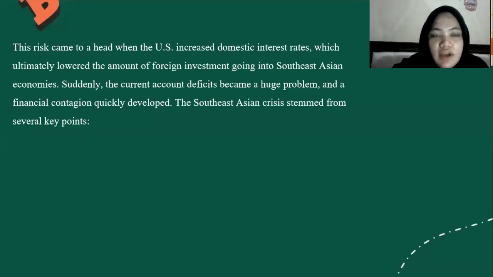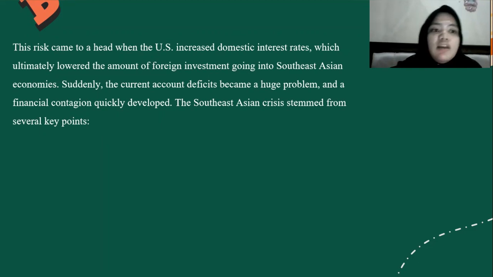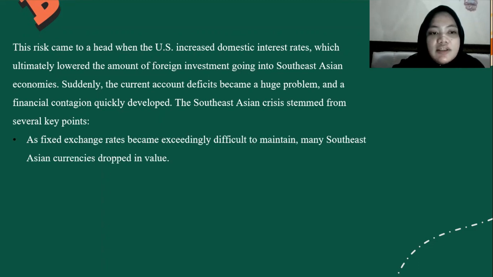The risk came to a head when the U.S. increased its domestic interest rate, which ultimately lowered the amount of foreign investment going into Southeast Asian economies. Suddenly, the current account deficit became a huge problem and financial contagion quickly developed. The Southeast Asia crisis stemmed from several key points. The first one is fixed exchange rates became excessively difficult to maintain. Many Southeast Asian currencies dropped in value.